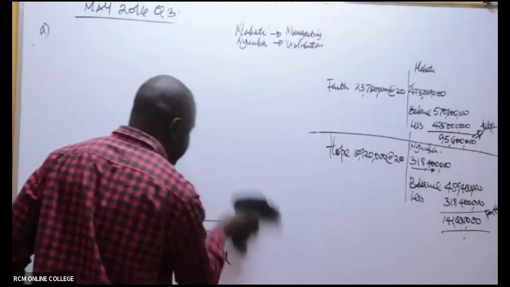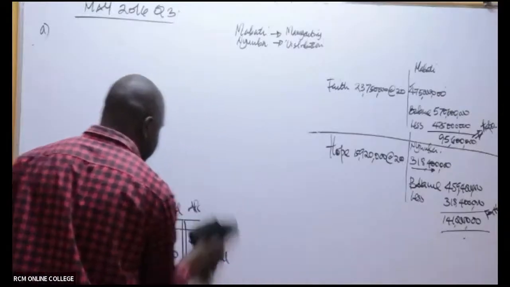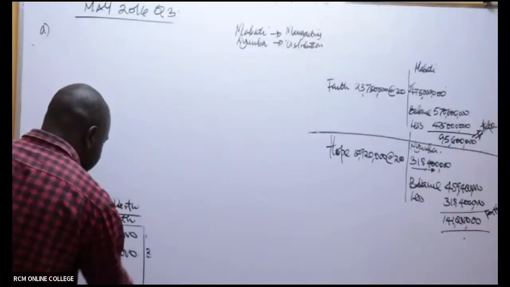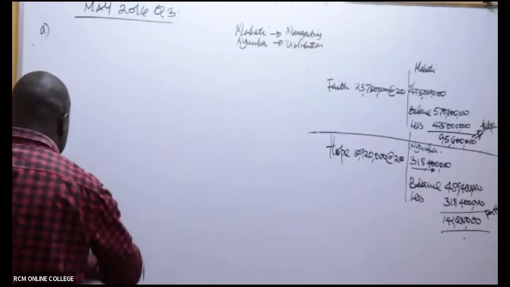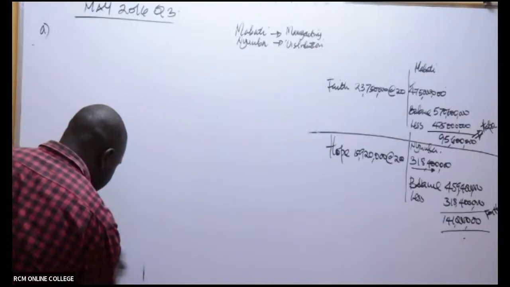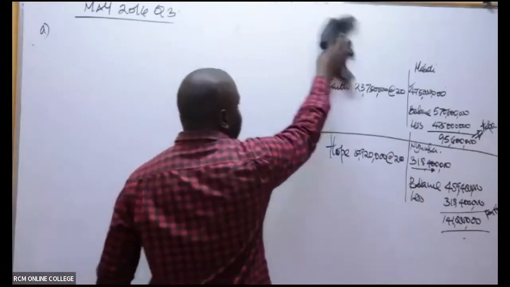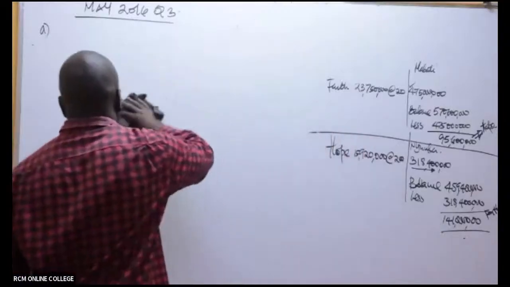You start with the balance brought down. Then after that, when money comes in, you debit. When you see a transaction showing money going out, you credit.